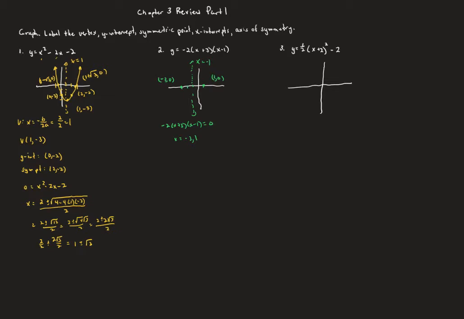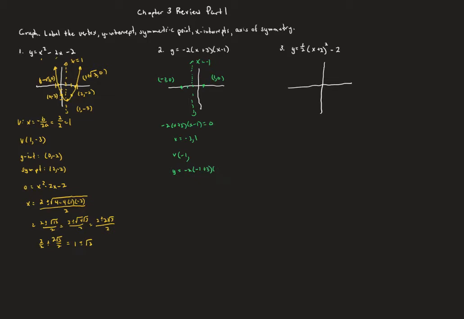We also can tell that the vertex has to lie on that axis of symmetry. It has to be halfway in between our x-intercepts. So we're going to plug the negative 1 in for x into our factored form, rather.